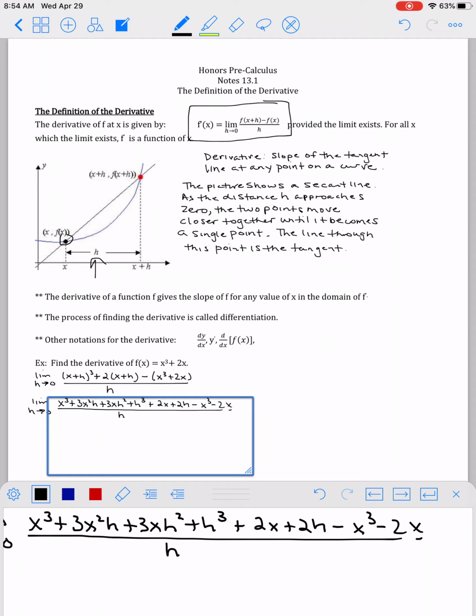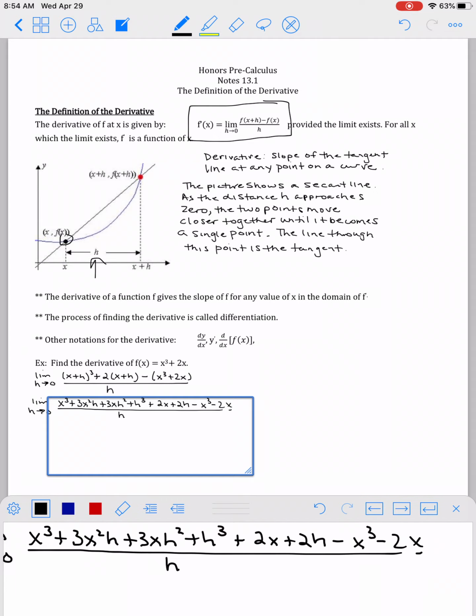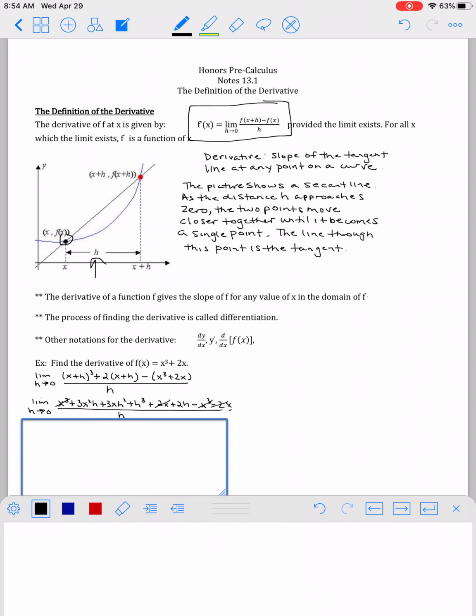And as we're looking at our expression, now we're going to see what cancels. So the x cubed and the x cubed, and the 2x and the 2x. Okay, so let's see what's left.